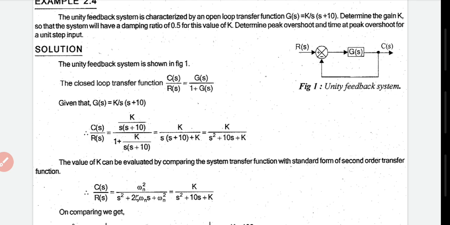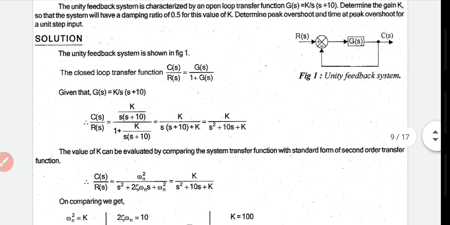You know the closed loop transfer function formula. Closed loop transfer function is C(s) by R(s) equal to G(s) by 1 plus G(s) into H(s). So what is H(s)? H(s) is nothing but 1.